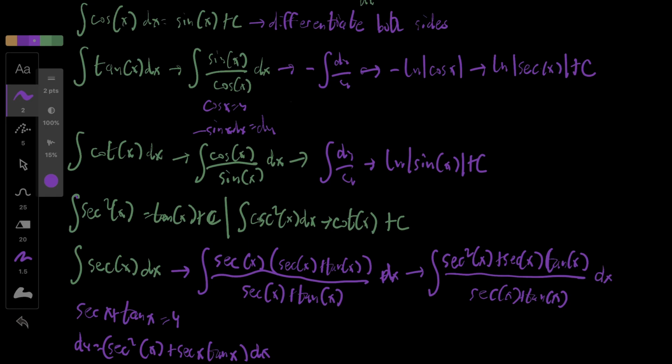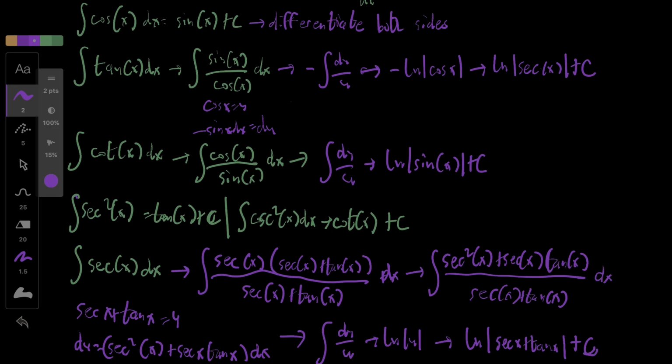So now that we have this over here, we're going to get du by u, which is just ln u, and plugging back u in, we get the natural logarithm of secant of x plus tangent of x, all absolute value, which is true for all of the natural logarithm functions, as you can't have a natural logarithm of less than 0. So now we have this plus c.